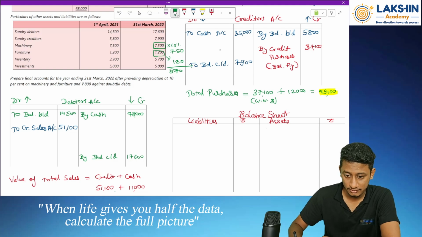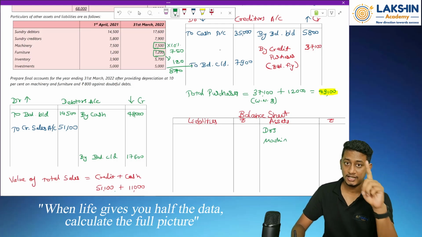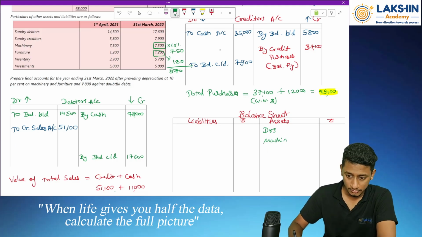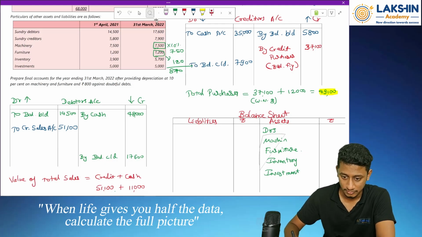So in this, let's take care of that. So we have debtors, then we have machinery, less depreciation. Please mention it separately. I am just making it a net basis over here. Furniture, then we have inventory, investment. Okay, debtors, I think we have some differentiation, right? So what I will do is I will just take it down.